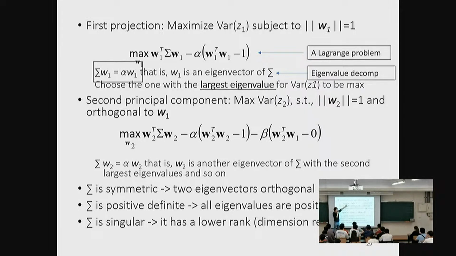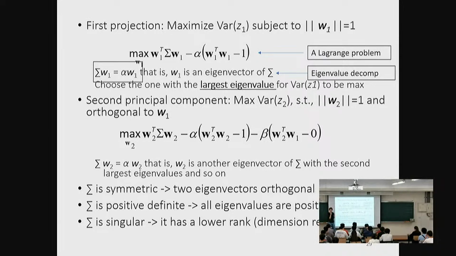Once you solve this Lagrange multiplier problem, the covariance of the x multiplied by the first projection vector equals to alpha W1. If you look at this term, a matrix times a vector equals a constant times a vector. What's this? A matrix times a vector equals a constant times a vector. This means these vectors are eigenvector of this matrix.